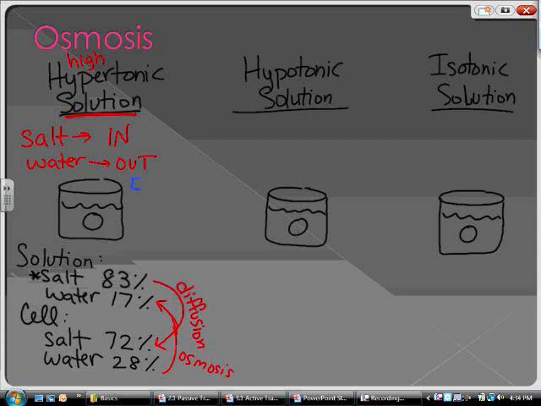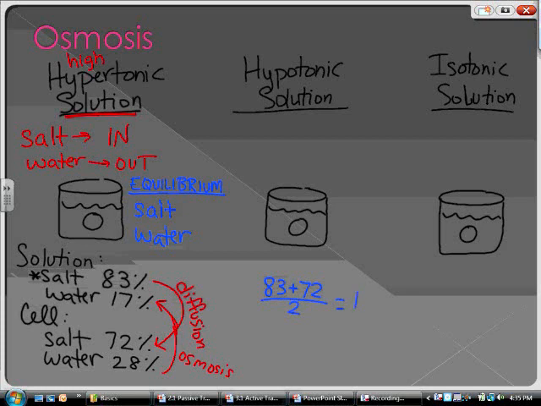We also need to consider what equilibrium would be. When all is said and done, what should the concentrations be for salt and water inside and outside of the cell when it's even? Easiest way to do this is to take our two numbers. We need to find the middle point between 83 and 72%. Easiest way to do that is 83 plus 72 divided by 2.